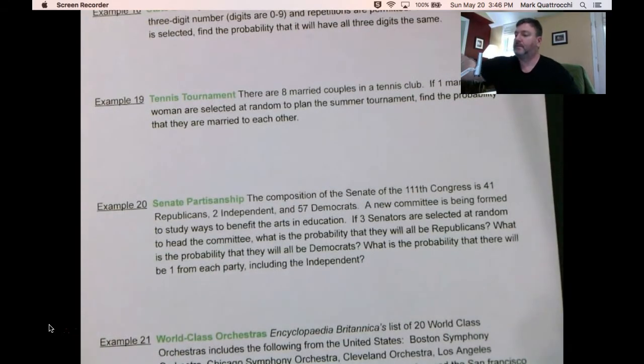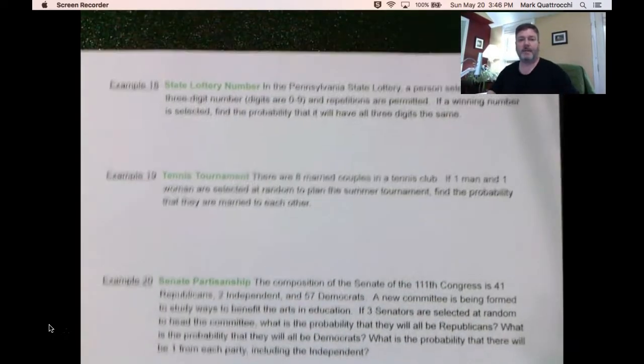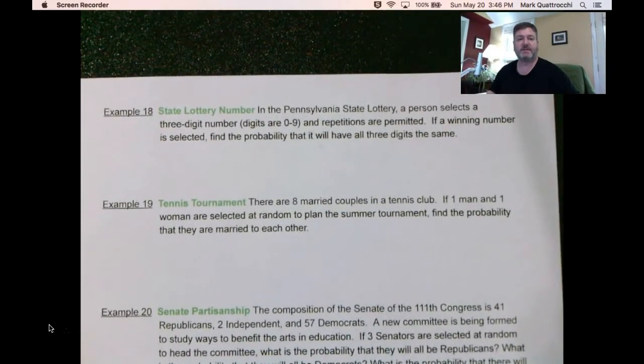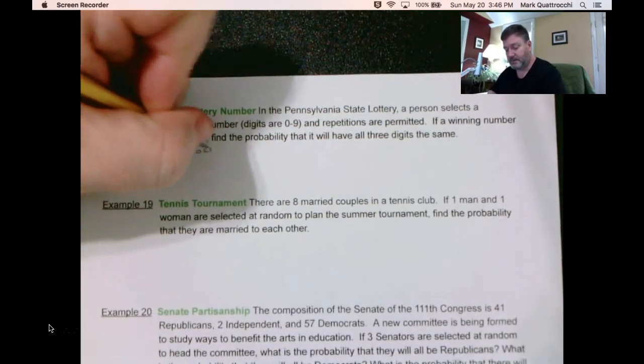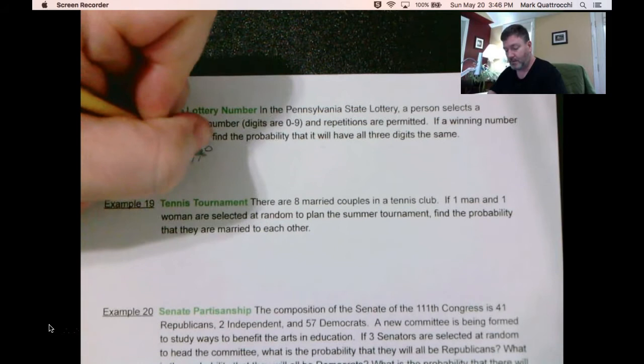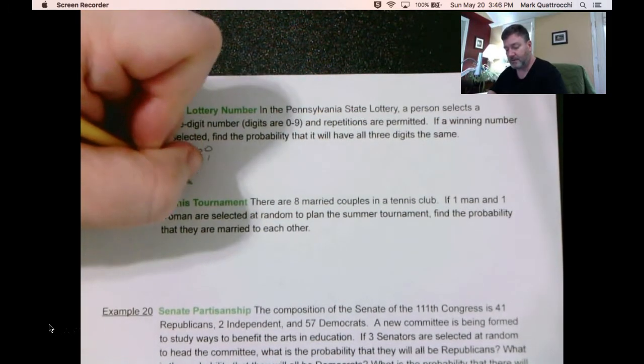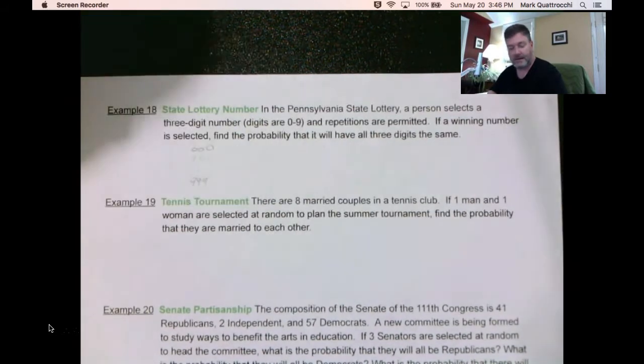Okay. Example 18. State lottery winners. In Pennsylvania state lottery, a person selects a 3-digit number. Digits are 0 through 9, and repetitions are permitted. So 0, 0, 0 is a possibility. 1, 1, 1 is a possibility. All the way down to 9, 9, 9 is a possibility.